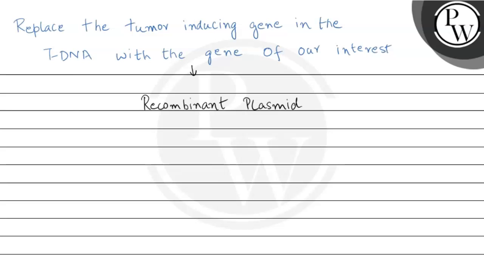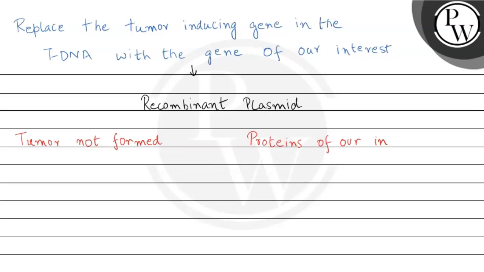Now, this recombinant Agrobacterium can be used to infect the plant species. Now, the plants will get infected by this bacteria, but tumor will not be formed in that case because the tumor inducing gene has been replaced with the gene of our interest. So, instead of tumor formation, there will be the formation of the proteins of our own interest.